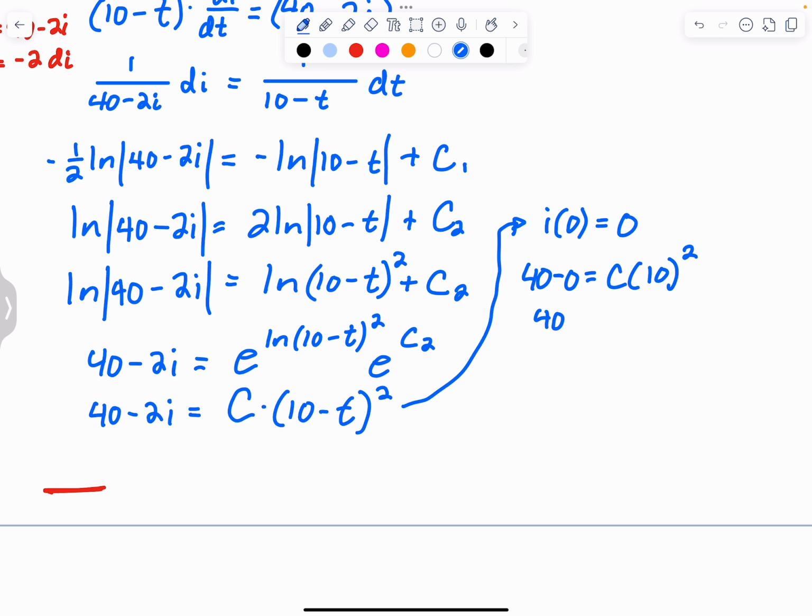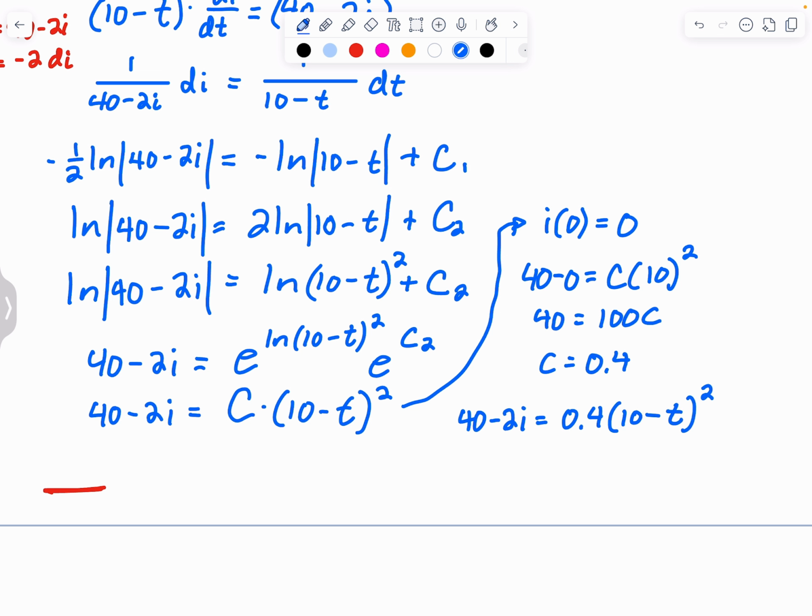So I get 40 equals 100C. So C is 0.4. So I get my actual equation in the end: 40 minus 2i equals 0.4 times (10 minus t) squared.